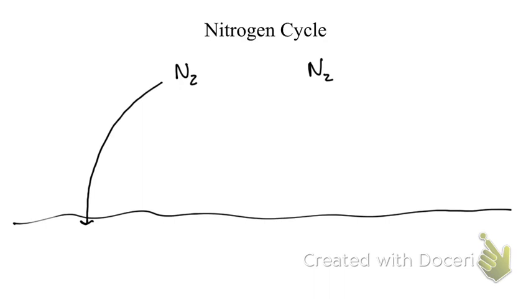And so we actually call these nitrogen fixing bacteria. And you can find this nitrogen fixing bacteria just hanging out in the ground. You can also find them in the root system of plants. So here I have plants.